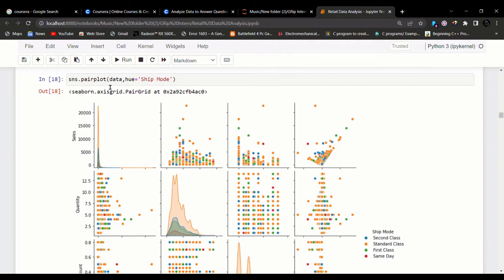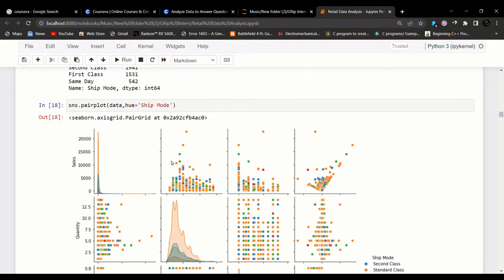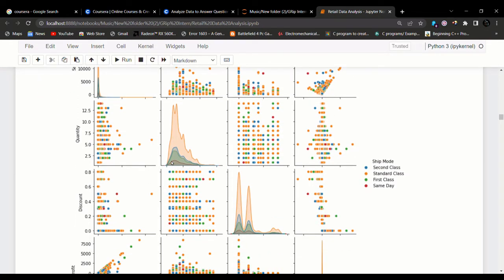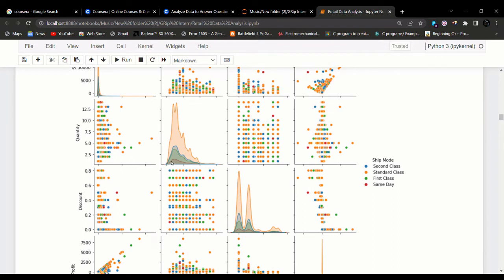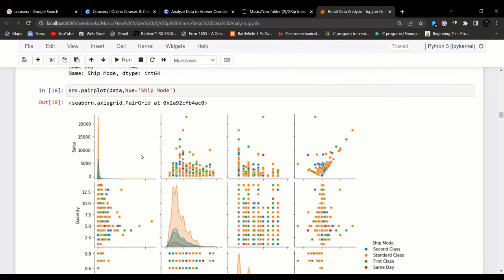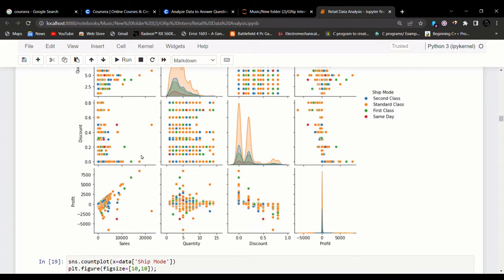And I have taken ship mode in a pair plot, which displays all the information about sales, quantity, discount, and profit. You can see the pair plot is used to understand the best set of features to explain the relationship between profit, sales, quantity, and discount.